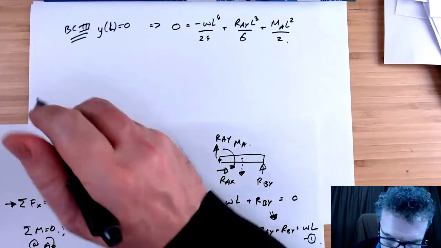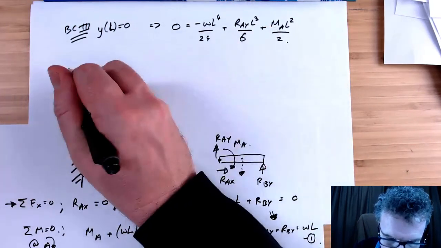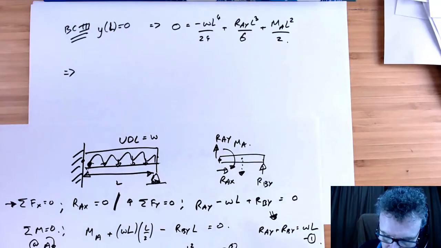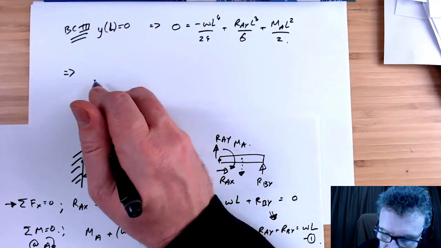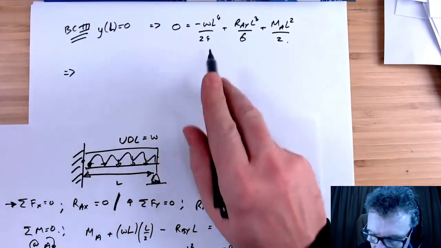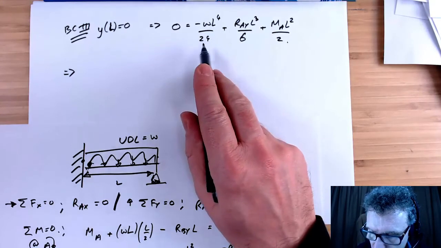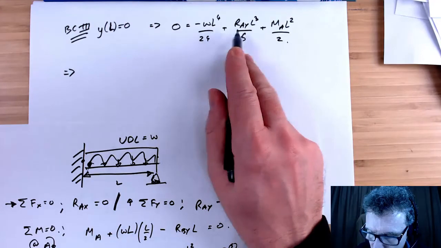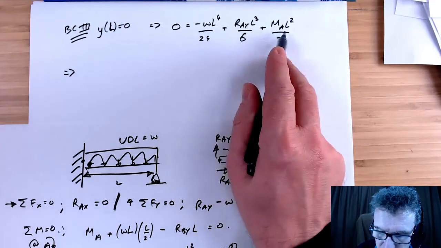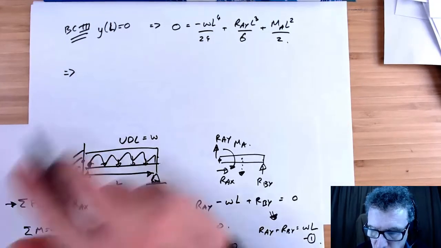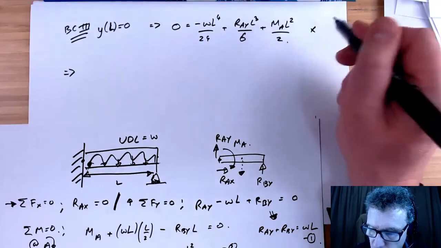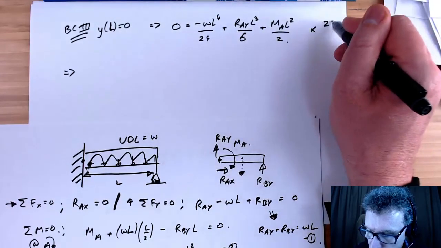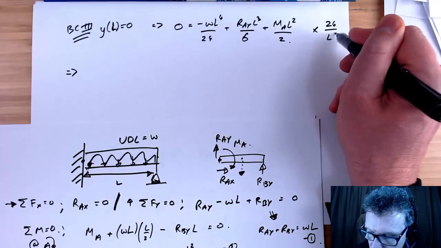It's a plan, isn't it? So therefore we've got anything cancelling at the moment. I can multiply through by 24. I've got too many L's squared, so let's do that. So I'm going to multiply this by 24 and divide by L squared.